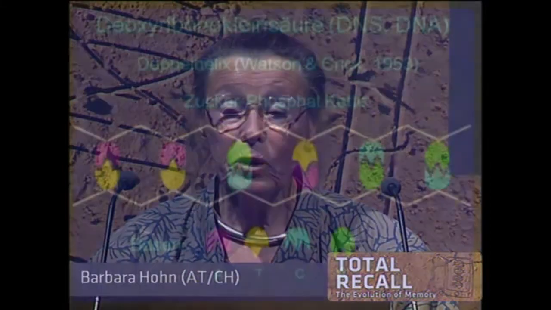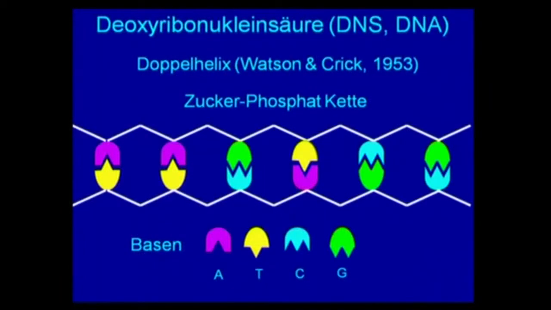Plants have a broad spectrum and broad range of genetic information. As regards the structure of DNA, it consists of deoxyribonucleic acid, DNA.